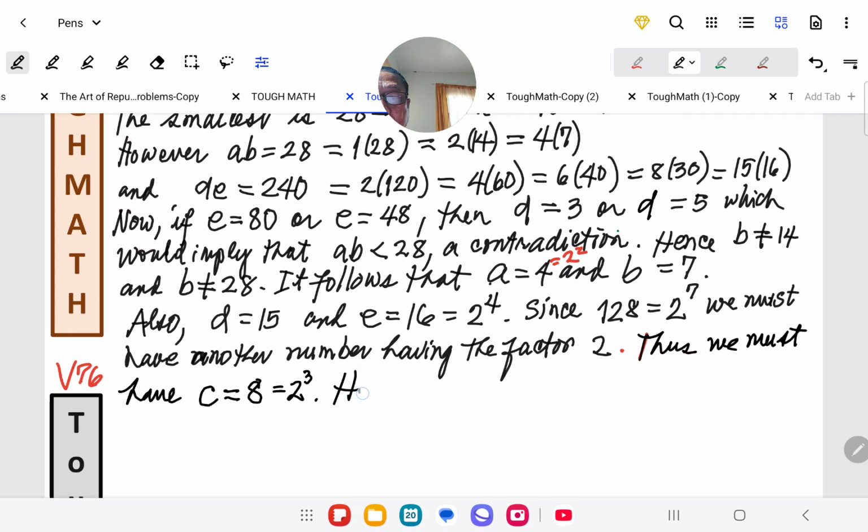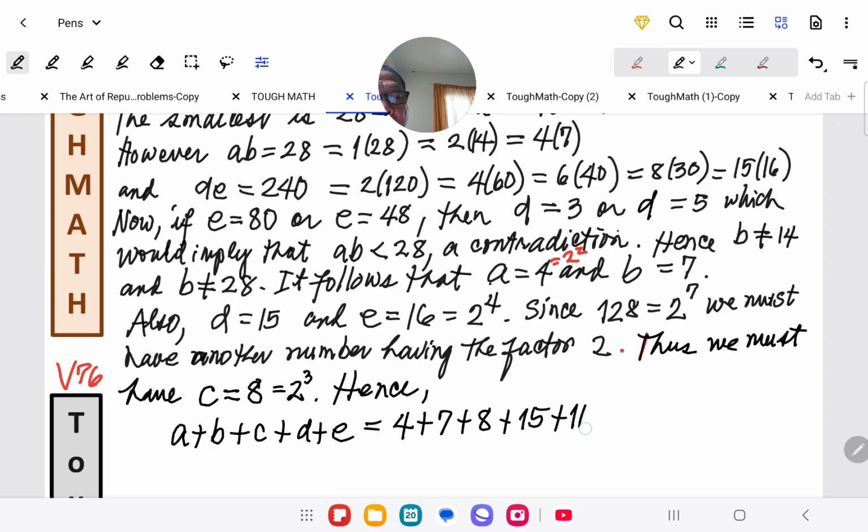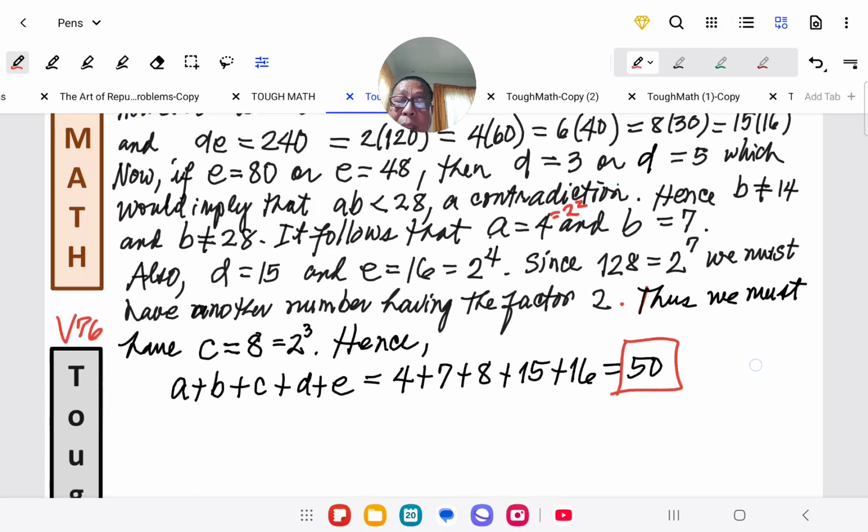Hence, A plus B plus C plus D plus E is equal to 4 plus 7 plus 8 plus 15 plus 16 equals 50. So this is our answer to the second problem. The sum of the 5 numbers is equal to 50.